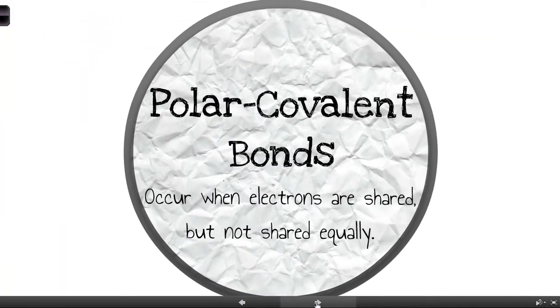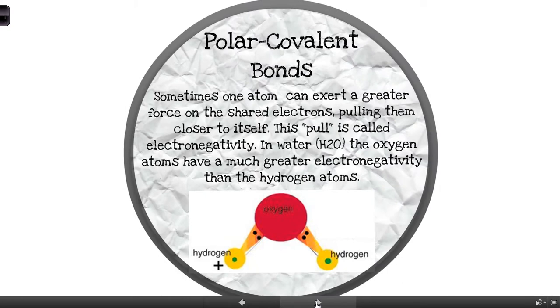Well, it's got to do with the fact that there are polar covalent bonds in water. This occurs when electrons are shared between two atoms, but they're not shared equally. If we look at a water molecule, basically we've got an oxygen with two hydrogens, and the electrons are shared, but they're shared much more closely to the oxygen.